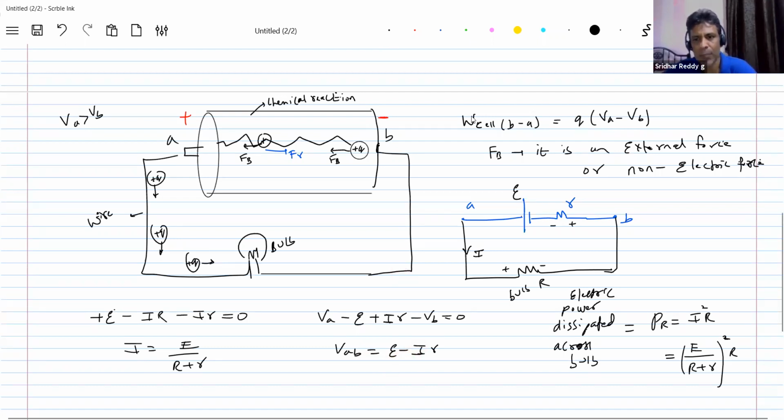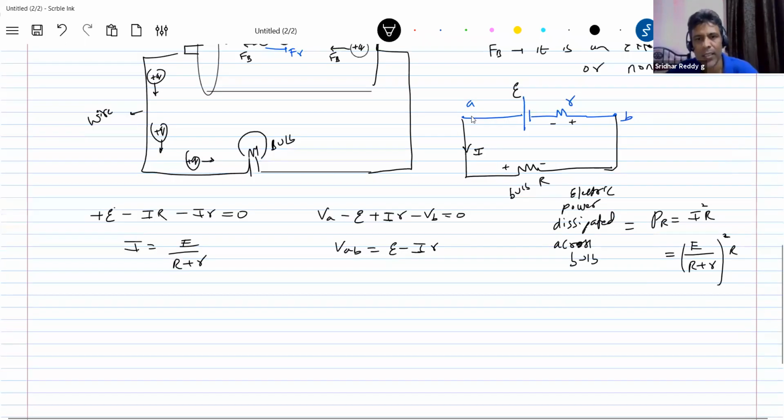Okay, come to this. Look at the power dissipated across the bulb. It's not equal to the power generated by the cell. What is the power generated by the cell?